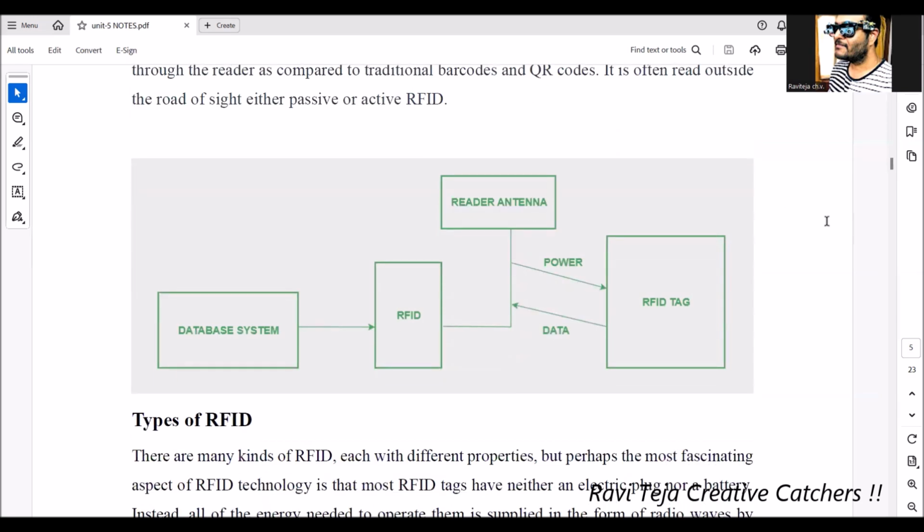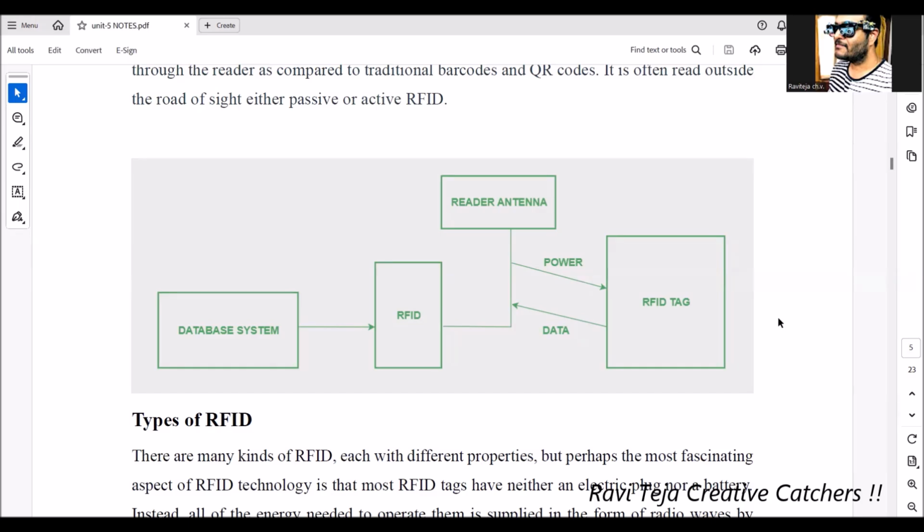If you see this general block diagram, we need to go from the right to the left. Towards your right, we have a radio frequency identification tag. It looks like a small credit card sized ID card, which has an inbuilt, very minute memory chip of around 1 MB, holding a 10-digit unique ID code.